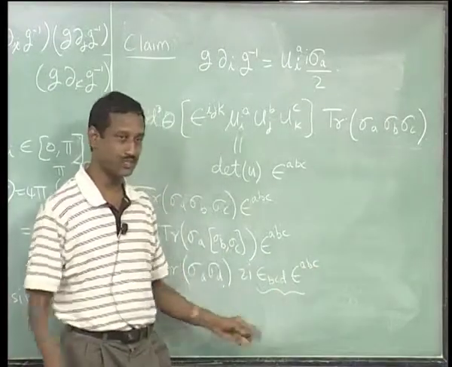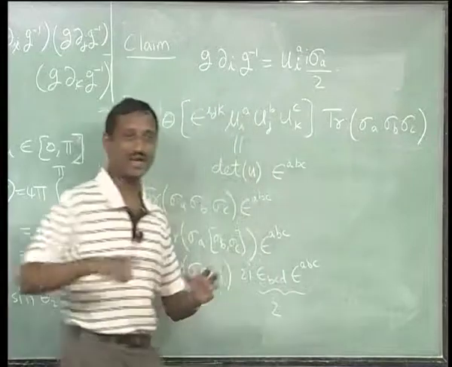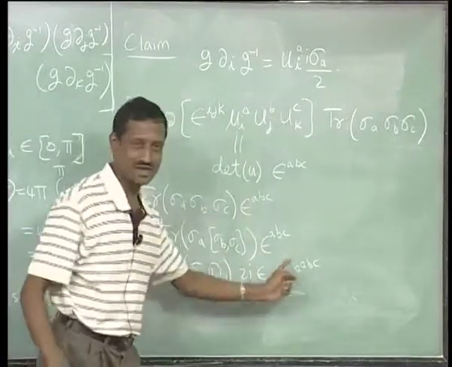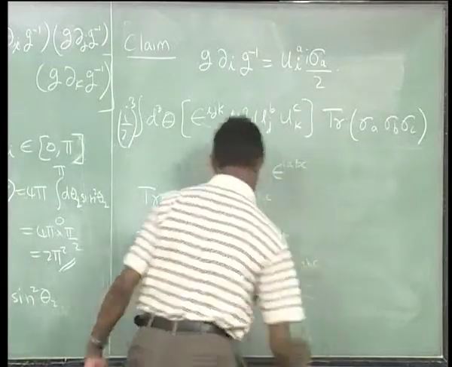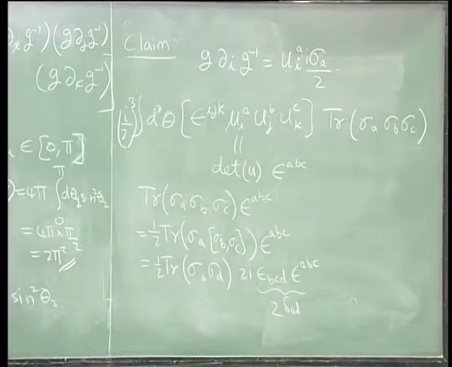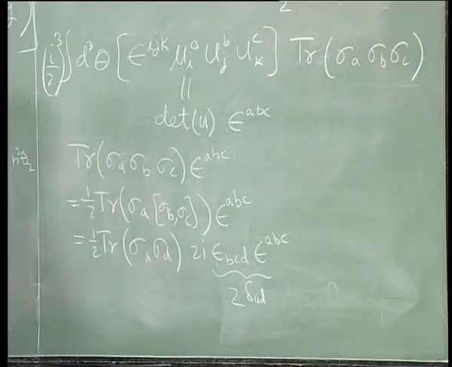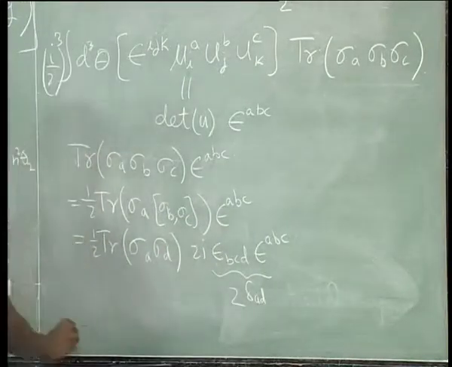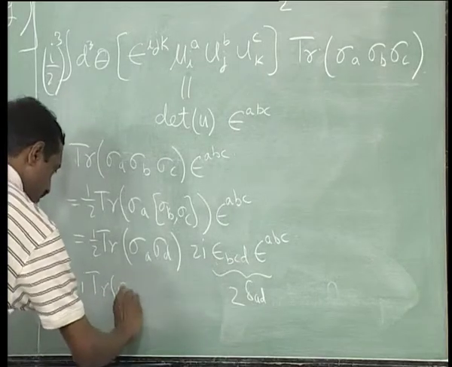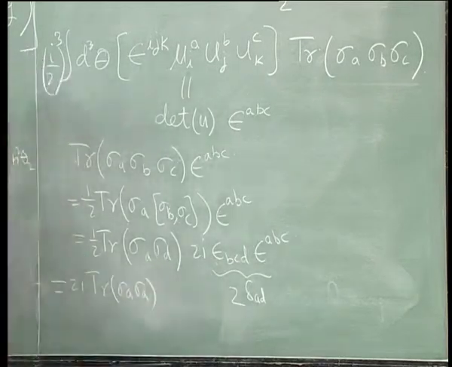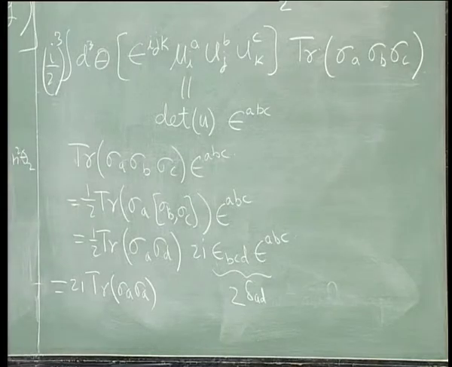So, this is just 2 times delta_ad, you can use the delta formula, but you can just evaluate it trivially. Okay. So, you get 4 which cancels with this. So, you get 2i trace sigma^a sigma^a. Okay. But sigma^a squared is just identity. So, that gives you a 4i.